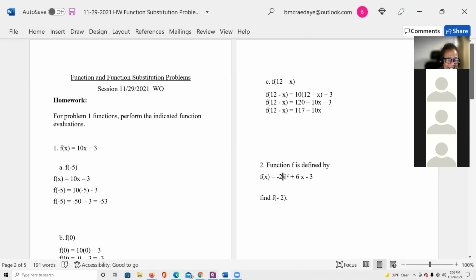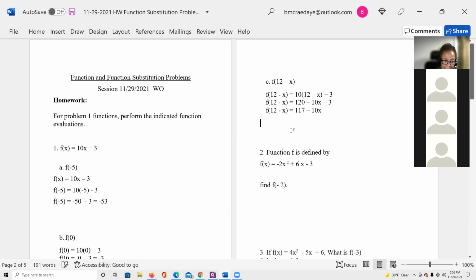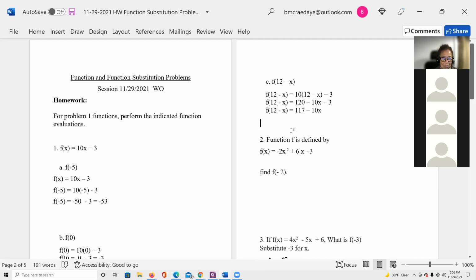So you combine the like terms right here. You have a constant 120 and a minus 3, and that's how you got the 117. And of course, the 10x didn't have anything to combine with it, so you just leave it as minus 10x.